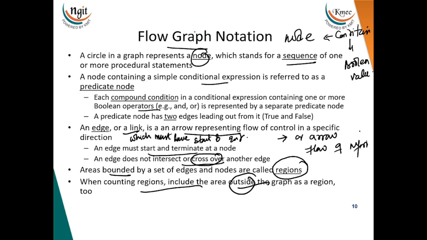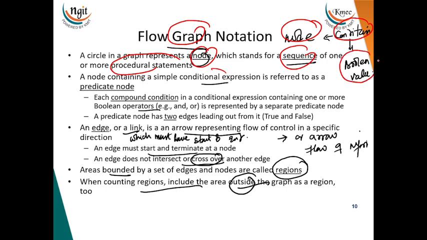Flow graph notation: a node represents a sequence of procedural statements. A node contains a simple condition. A node is a starting point and it contains some condition expressed in Boolean values, predicate values, correct? A node has a starting point, a sequence of statements, and some condition, and that condition contains Boolean values. Each component condition has Boolean values, and it has two edges, correct?